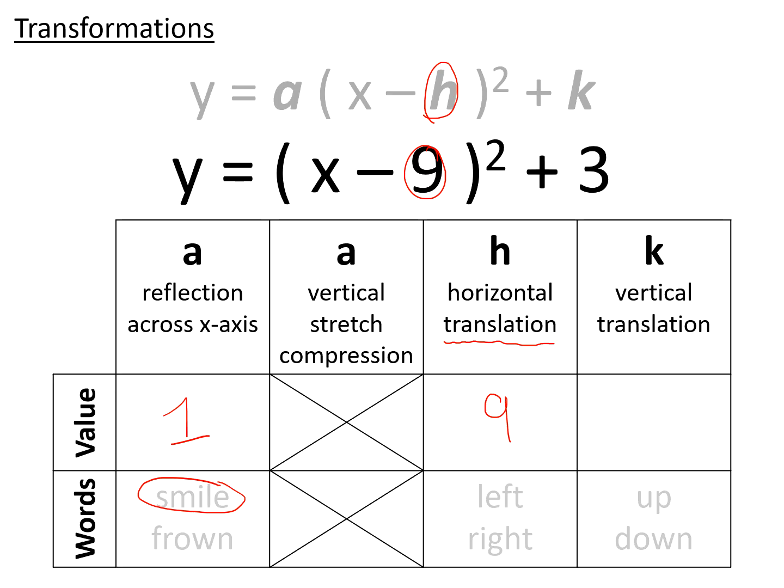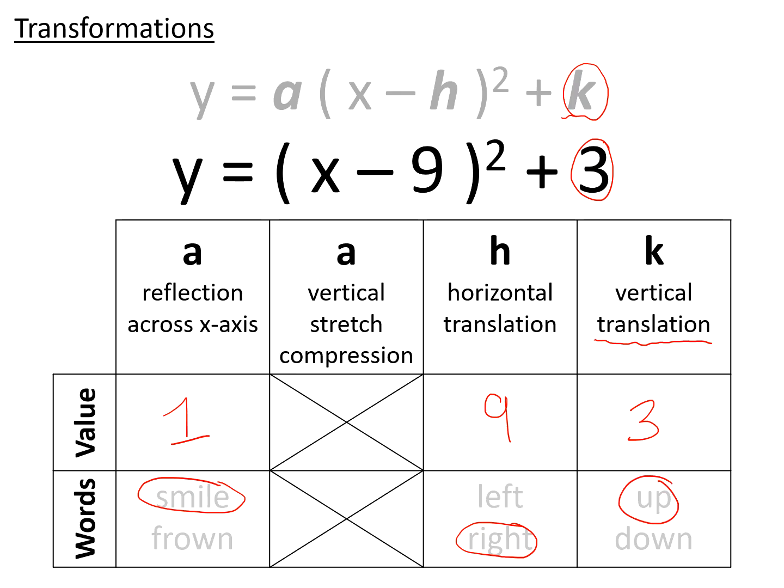Since this is +9, that means it's being moved to the right. And lastly, our k value is +3. And our k value tells us if there's a vertical translation. In other words, has the parabola been moved upwards or downwards? Since this is +3, it's being moved upwards.